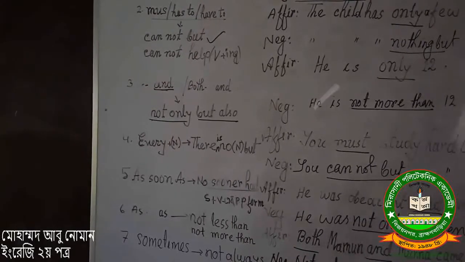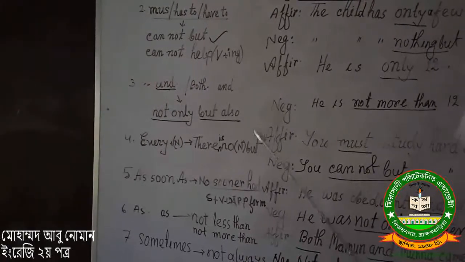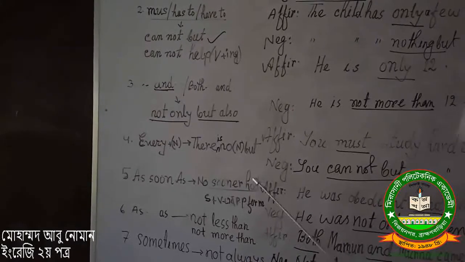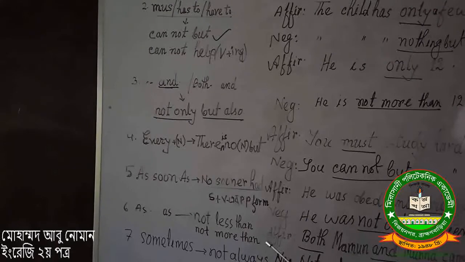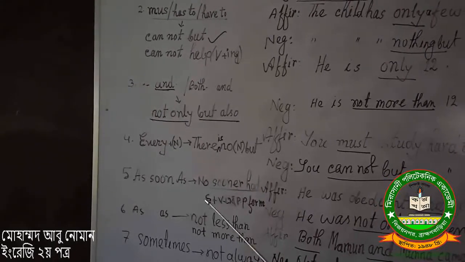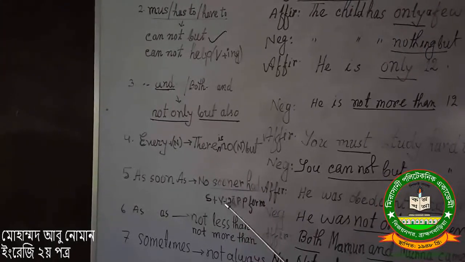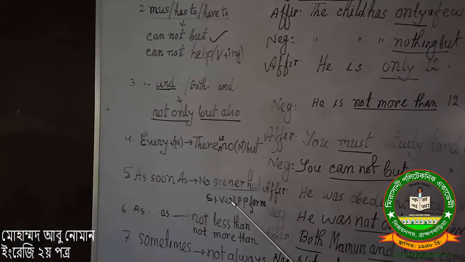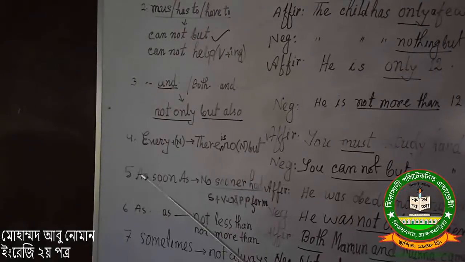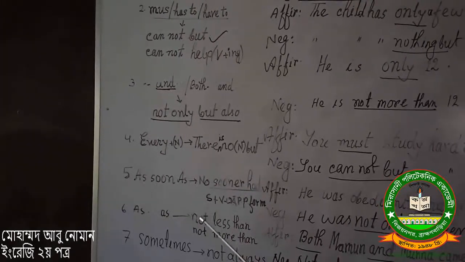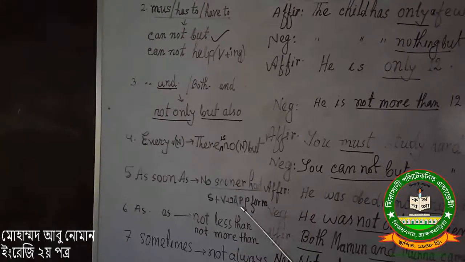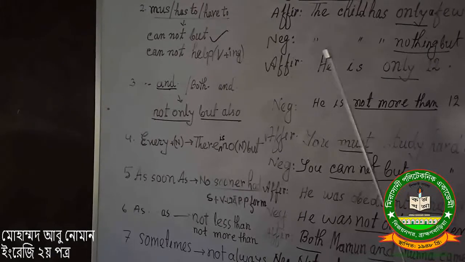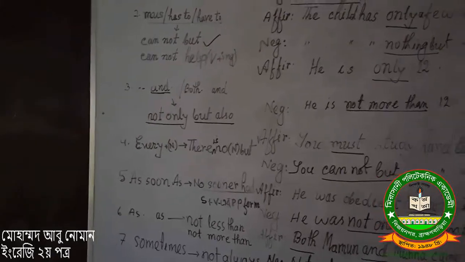We know that after "have" the main verb turns into the past participle form. So I have written here subject plus past participle form of verb. Instead of as soon as, we will write no sooner had, then subject plus past participle of the verb.